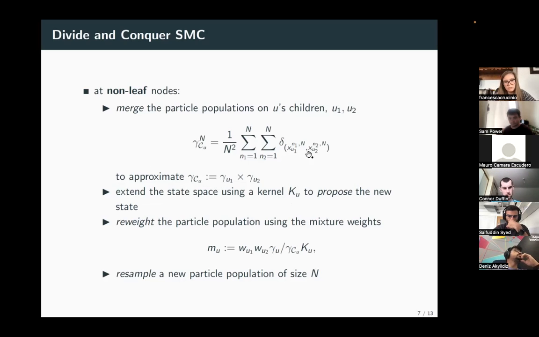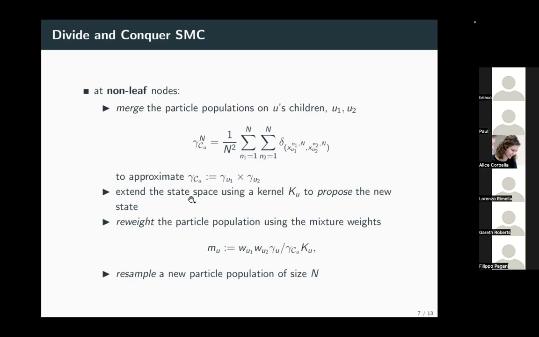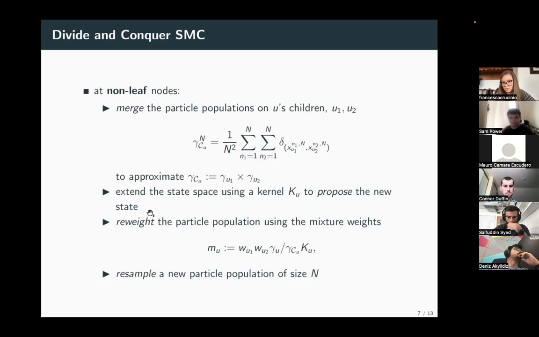So let's say we built this product. We propose, because we want to mix the particles up a bit. You can see this as the MCMC move that you do in an SMC sampler kind of setting. We want to make sure that we don't end up with a lot of copies of the same particle. And then we reweight using what, in the original divide and conquer paper, were called mixture weights.